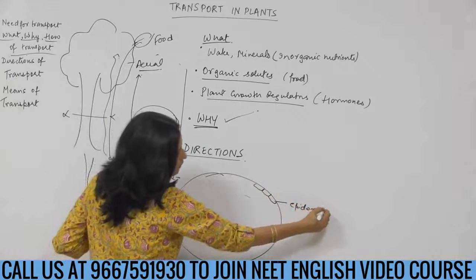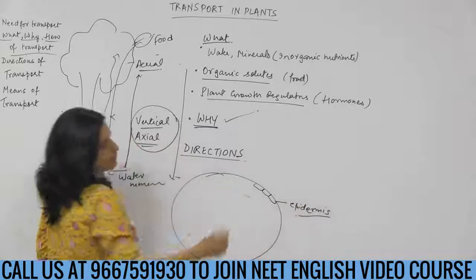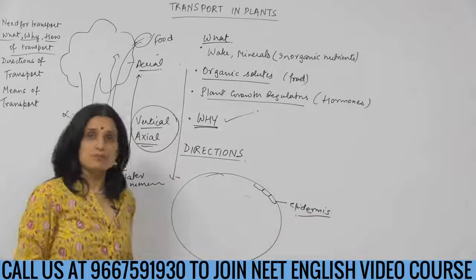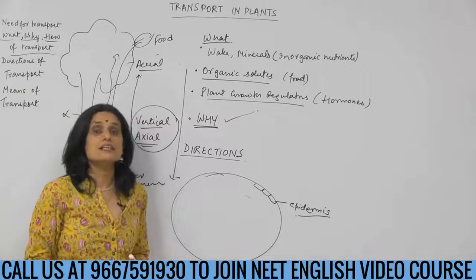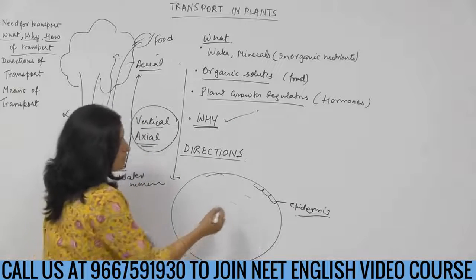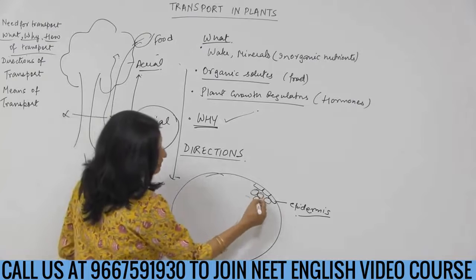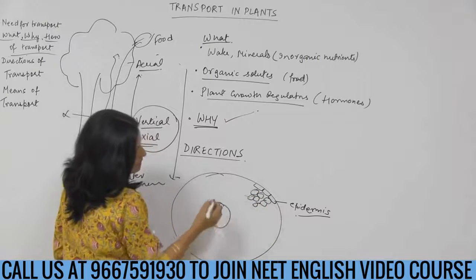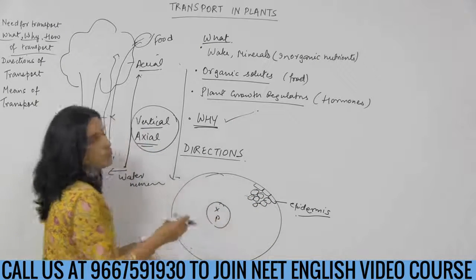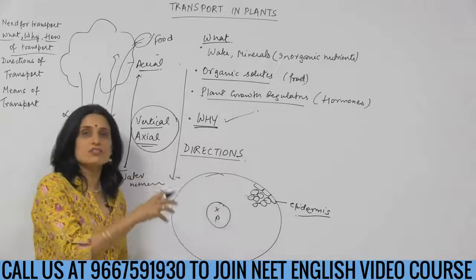I'm sure you know about what the epidermis is. If you haven't studied it now in plant anatomy, you would have studied it in the junior classes, right? So this epidermis is the outermost layer, and the xylem and the phloem happen to lie towards the core of the stem or the root.